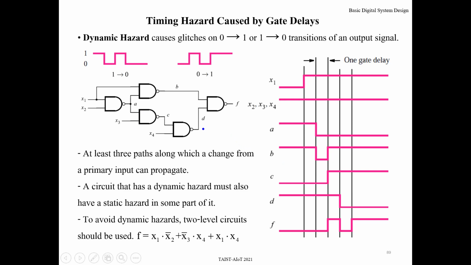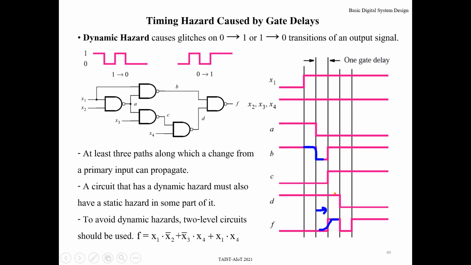And D is from x4 and C. That means when this changes, after 1 gate delay, D also changes. And finally, the output F depends on the values of B and D. So when B changes here, wait for 1 period of propagation delay, then output F changes.